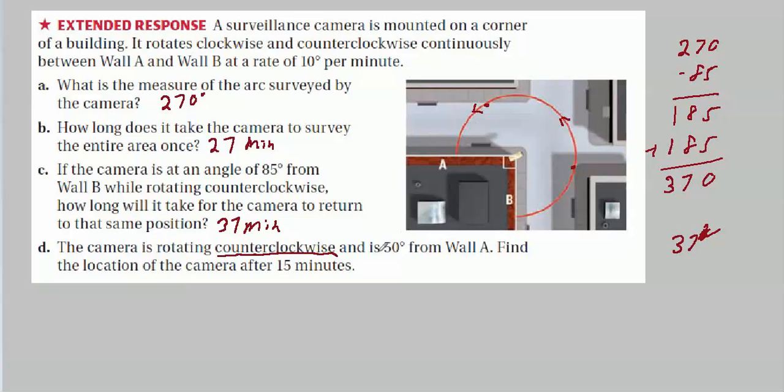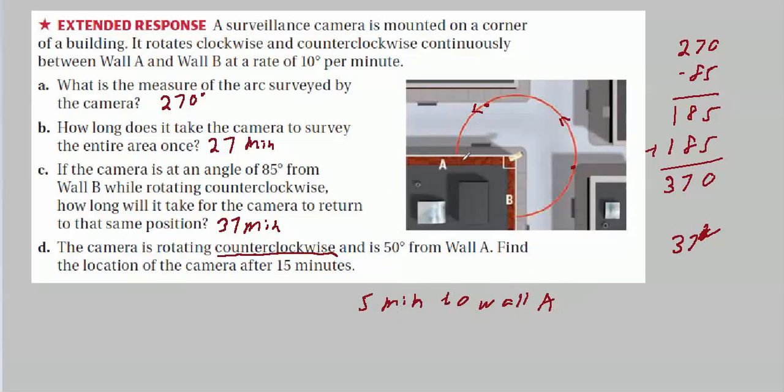Well, that's 5 minutes, right? So that's 5 minutes to wall A. Now it changes direction and starts going this way for another 10 minutes, which at 10 degrees per minute, well, 10 times 10, that's 100.